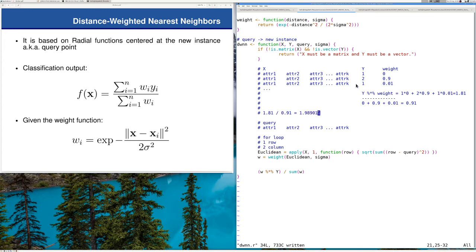It's almost 2. So we are closer to 2, so our answer is going to be really close to 2. As you might notice, this distance-weighted nearest neighbors does not provide a discrete result, but actually provides a continuous result.